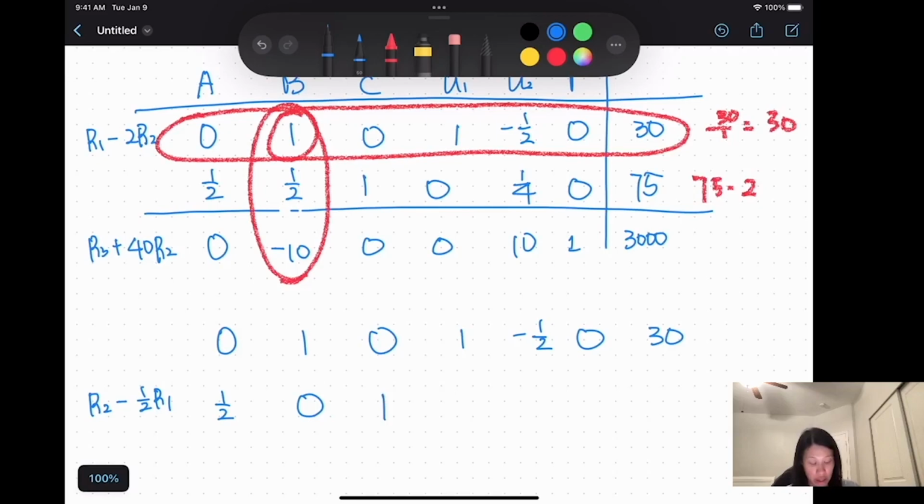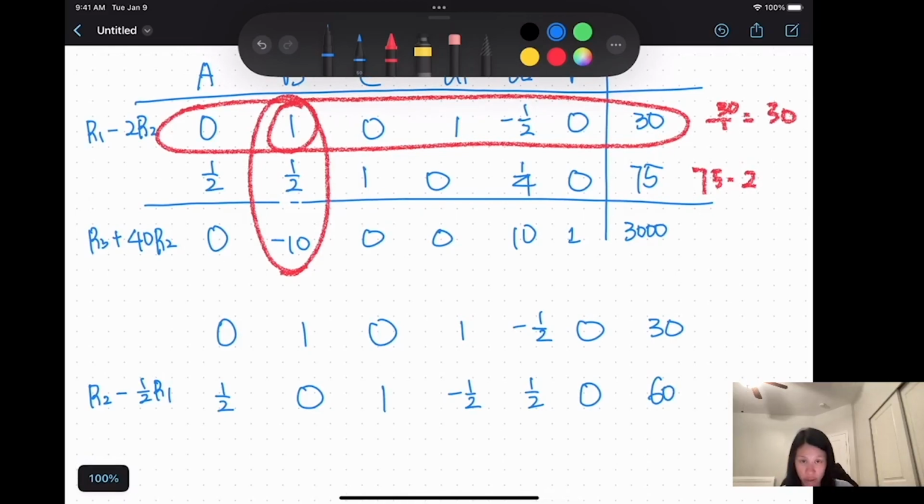And then this one is 0 minus 1/2 times 1, which is negative 1/2. This one is 1/4 minus 1/2 times negative 1/2, which gives you a positive, so this is 1/2 because it gives you 2/4. When you simplify, it's 1/2. So for this one, 75 minus 1/2 times 13, which is equivalent to 75 minus 15. So this is 60.